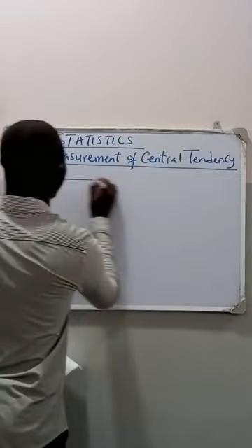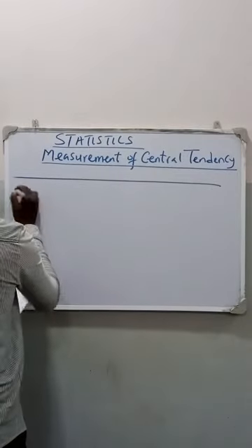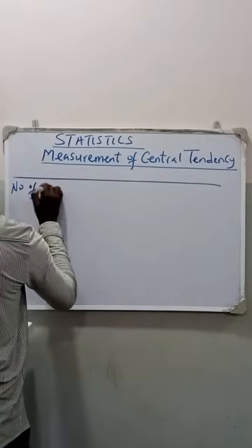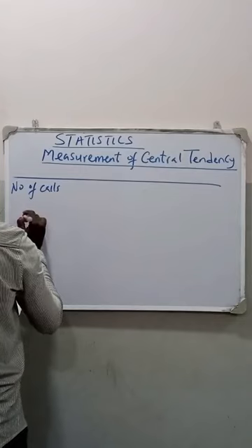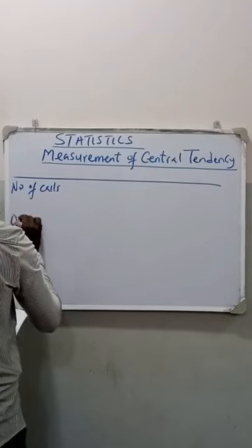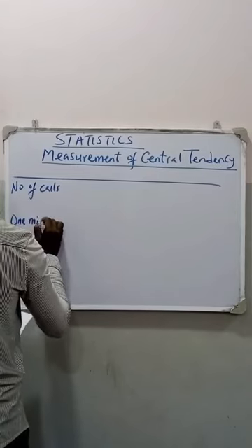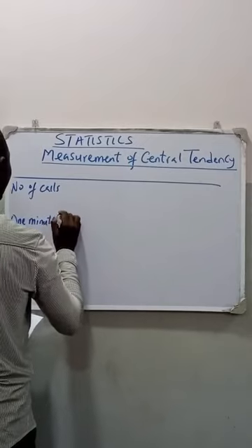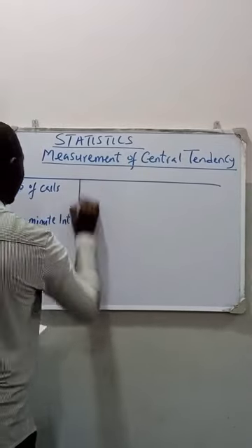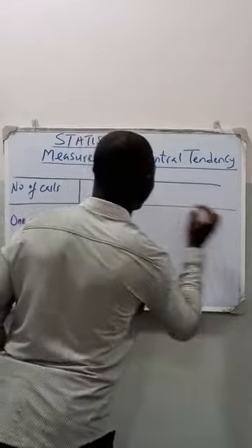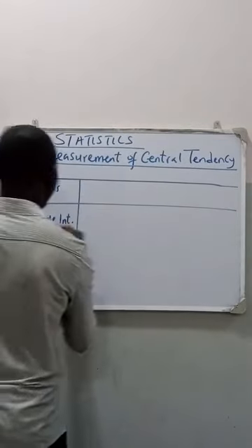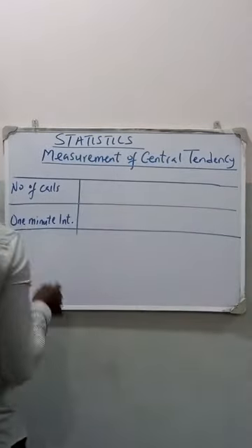We have the number of calls and we also have the 1 minute interval. Let's look at this table that contains the number of calls and the interval.